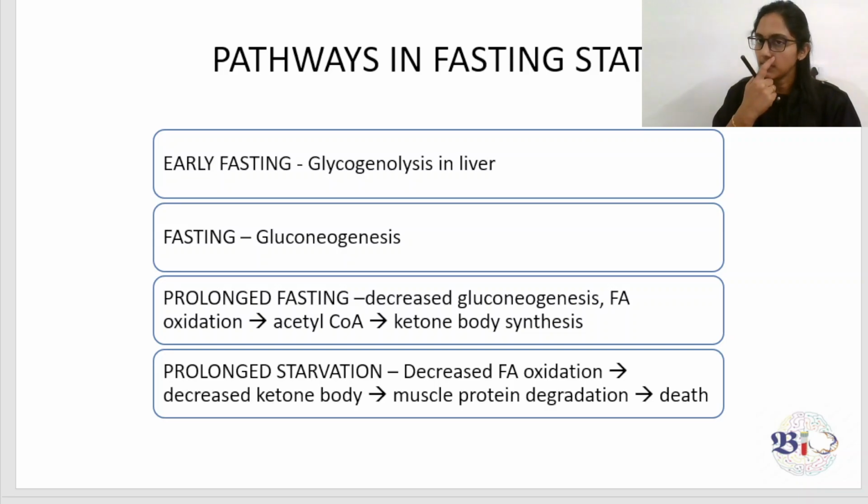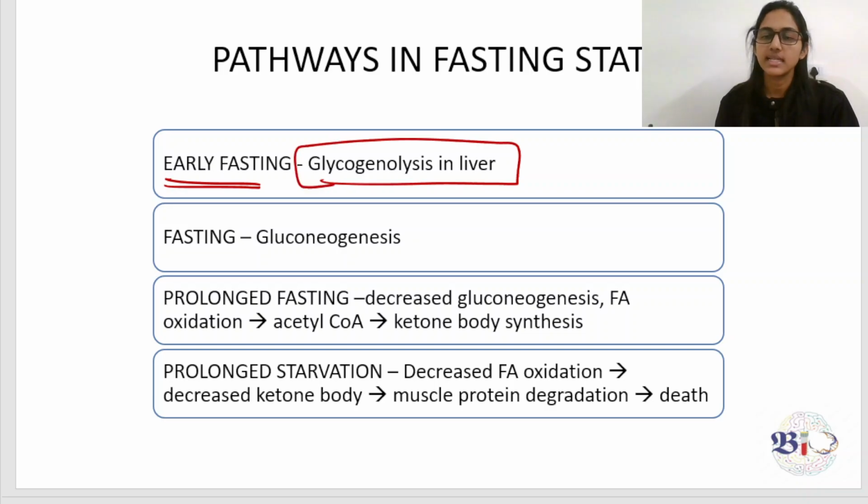In the previous session we had seen that liver glycogen is responsible for regulating the blood glucose level in the fasting state. So the first pathway which is going to be active in the early fasting state is nothing but liver glycogenolysis. Yes, liver glycogenolysis. So breakdown of liver glycogen gives us blood glucose.